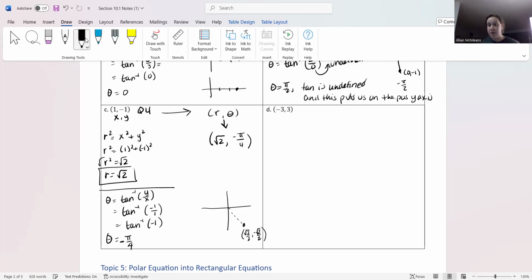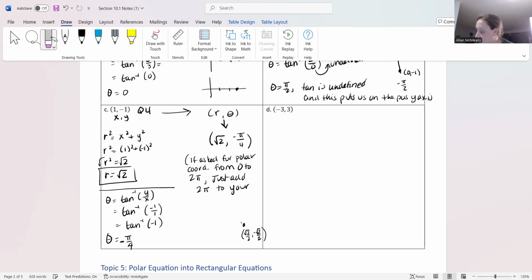But if you're limited and you're told, hey, find the polar coordinates from 0 to 2 pi, then your angle theta needs to be somewhere between 0 and 2 pi. So all you would have to do is add 2 pi. So if asked for polar coordinates from 0 to 2 pi, just add 2 pi to your angle in Q4.